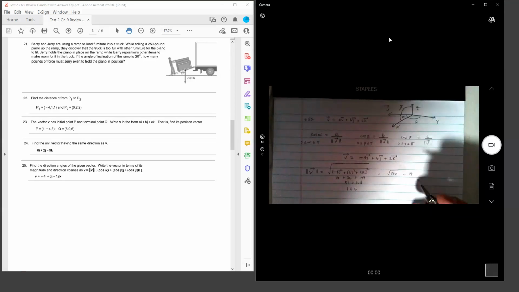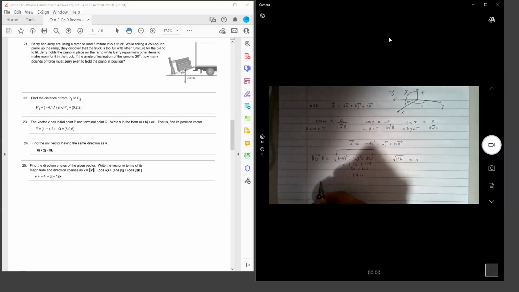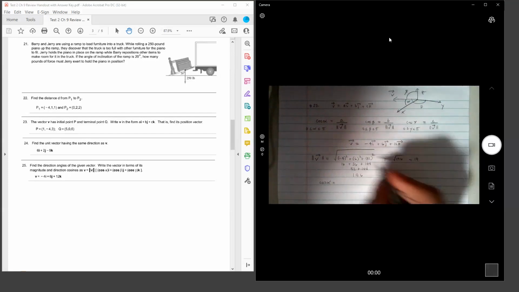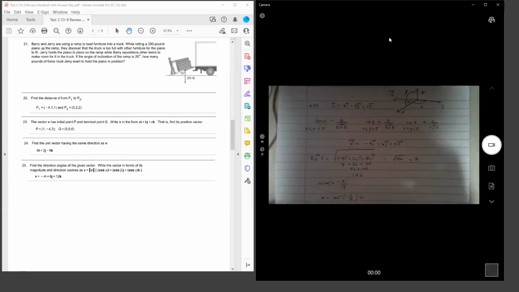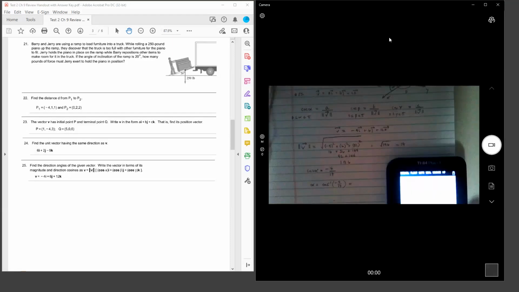So, therefore, the cosine of alpha is given as negative 4 divided by 14. So alpha is equal to the inverse cosine of negative 4 over 14. And I think to understand this a little better, I'm going to use degrees.